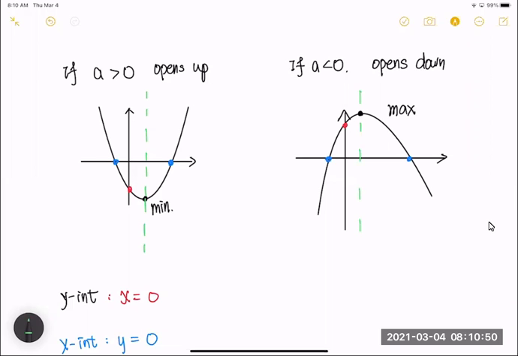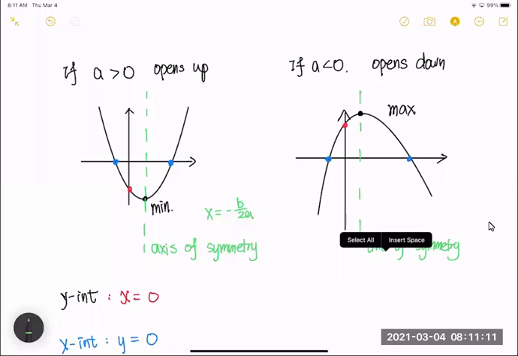So this is the line of symmetry, or sometimes they call it the axis of symmetry. So how do we find the axis of symmetry? Well, the axis of symmetry is x equals -b over 2a. That's how we find the x coordinate of the vertex.